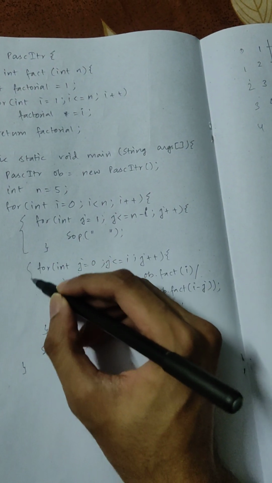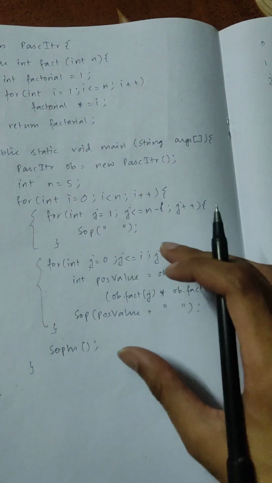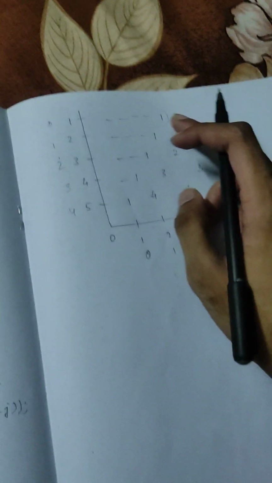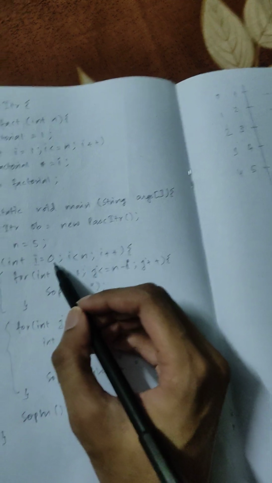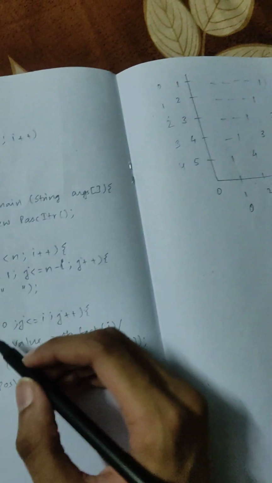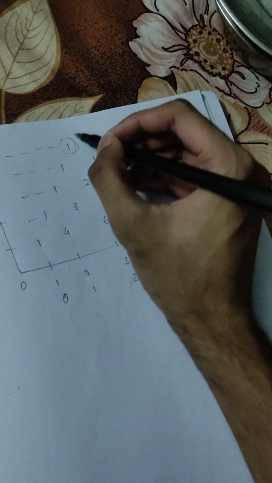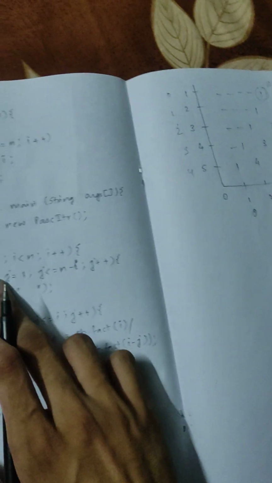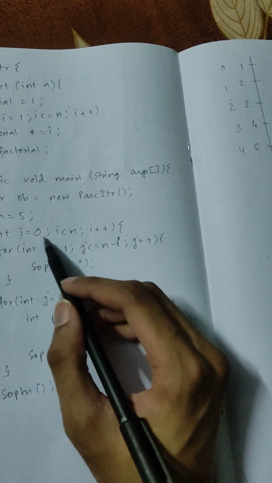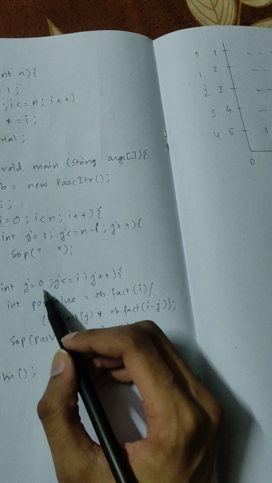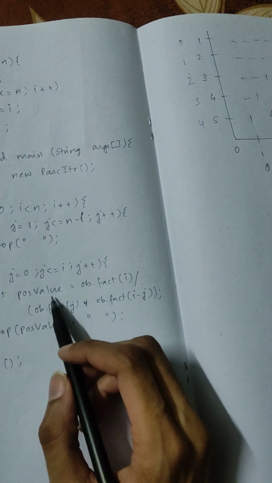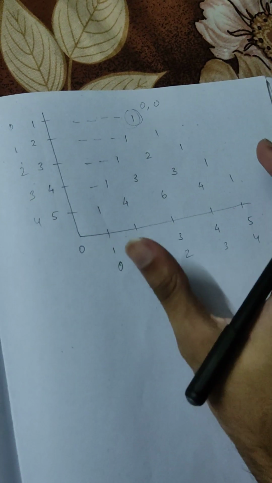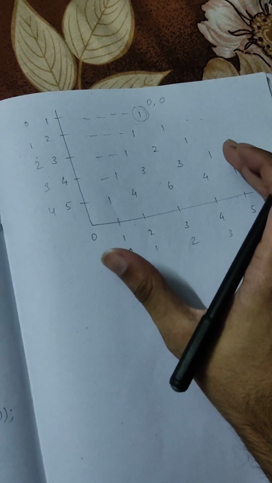And j refers to the column of this pattern, and i refers to the row of this pattern. So to print this one, this is at 0th row and 0th column. So when this condition comes, that i equals 0 and j equals 0, then the position value, I have implemented the binomial theorem to print this Pascal's triangle.